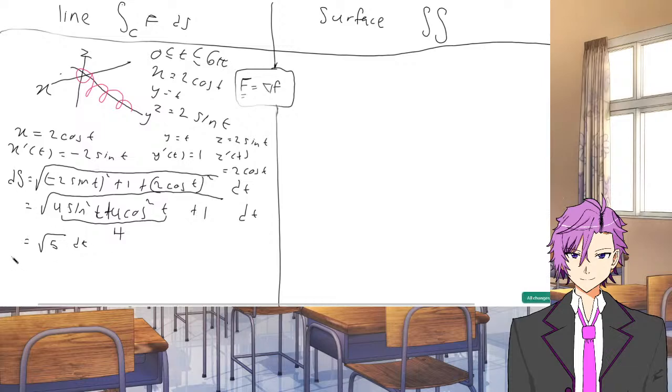So we'll do the integral over C of F ds, which will be equal to the integral from 0 to 6 pi. And since we've already parameterized, or isn't there a function around here?